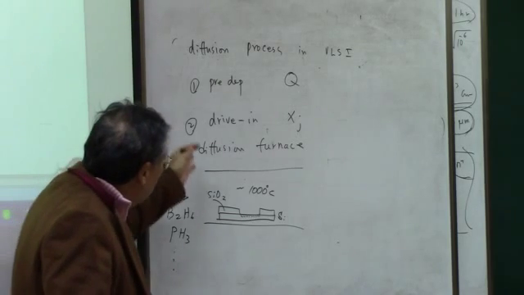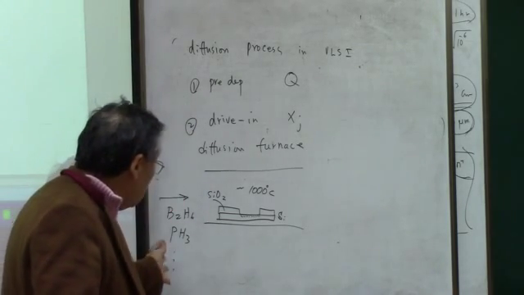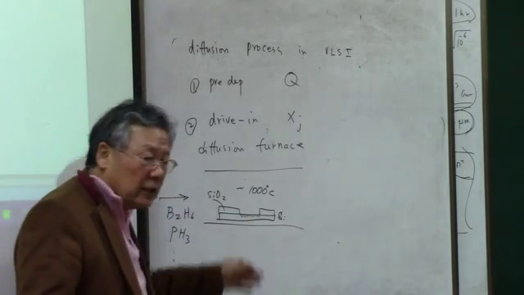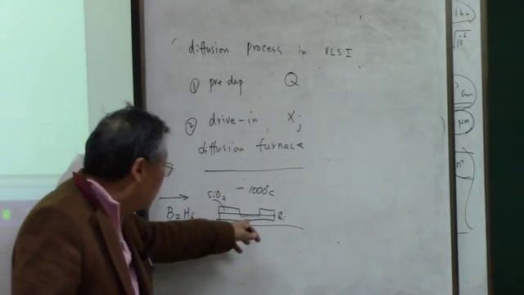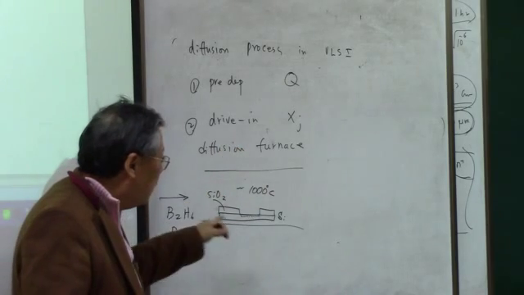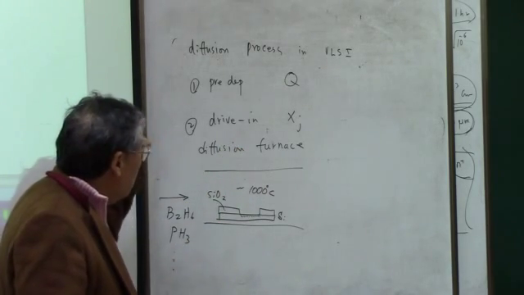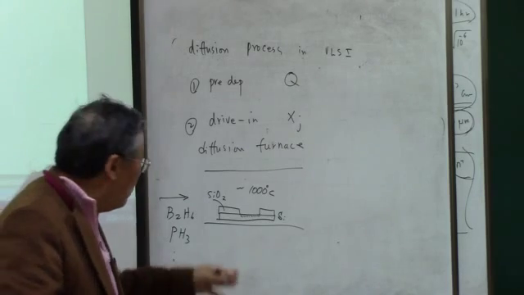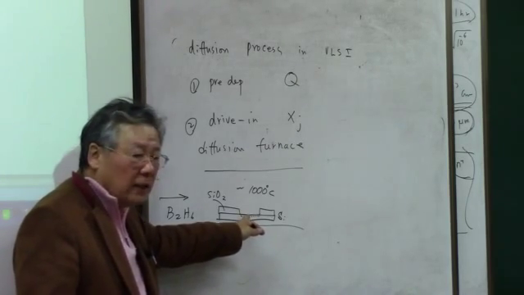During the predeposition, you just use the source and make it react. The surface of the silicon is going to react with the dopant atoms, and after that, you load a certain amount of dopant into the surface of the silicon.